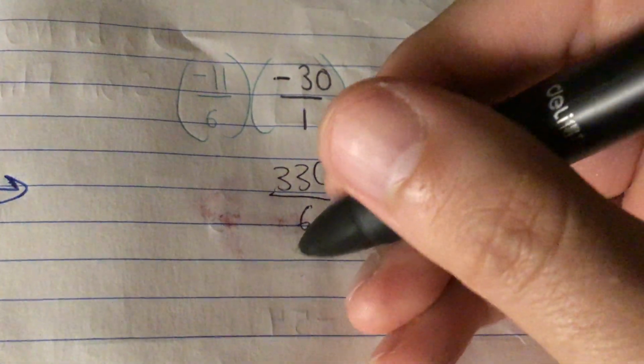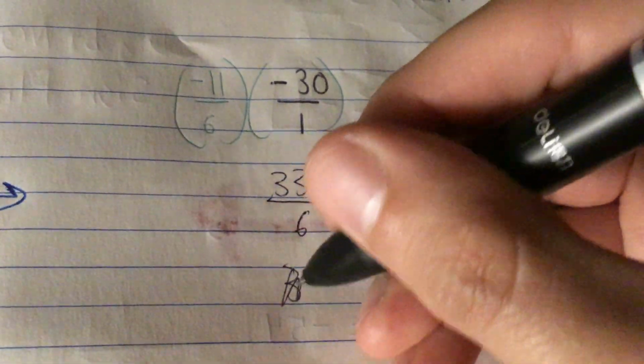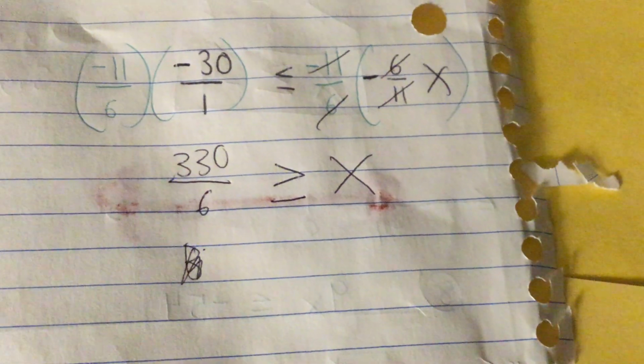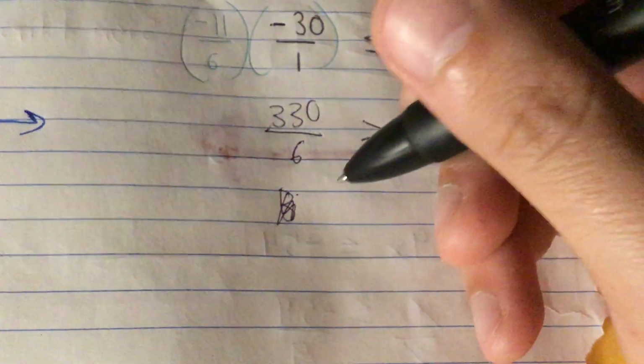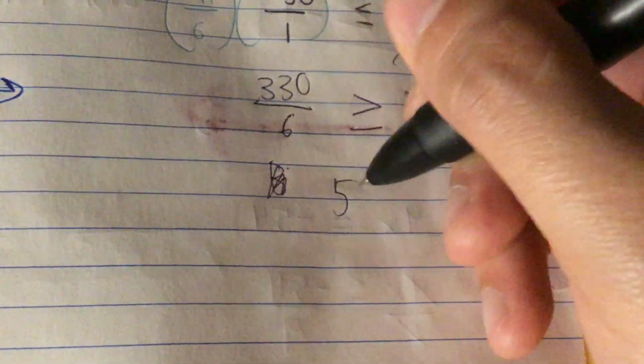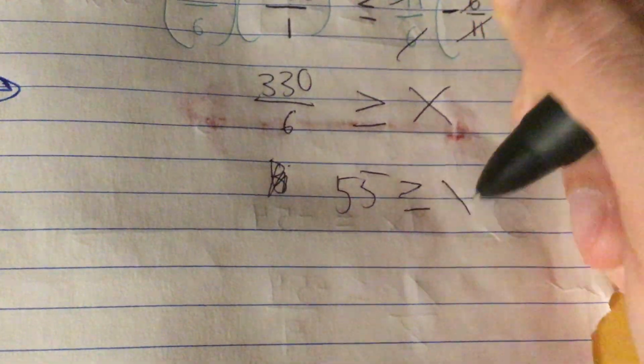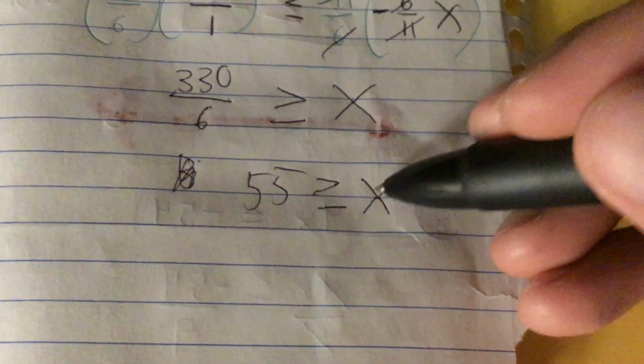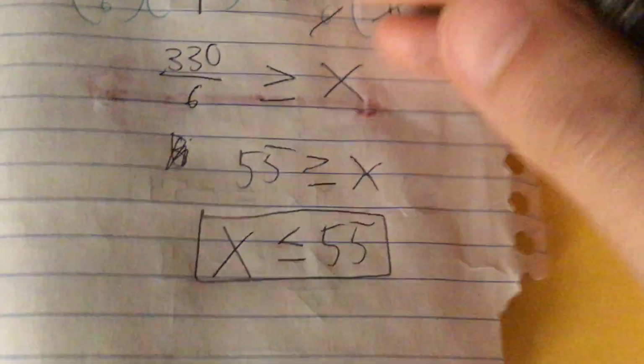So 330 divided by 6 is 55. So 55 is greater than or equal to x. I don't like it when x is on the left side. So if 55 is greater than or equal to x, then clearly x is smaller. So I'm going to rewrite this problem as x is less than or equal to 55. And that is my solution set.